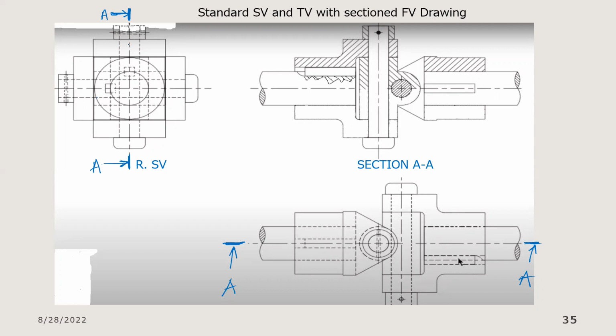Remember when we're discussing sections, you, the observer, you are at this side. Once you view, everything here, which is to the left of the section line, is going to be thrown away.